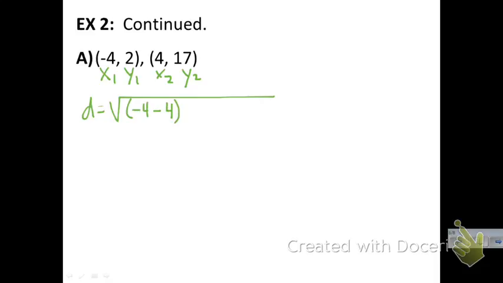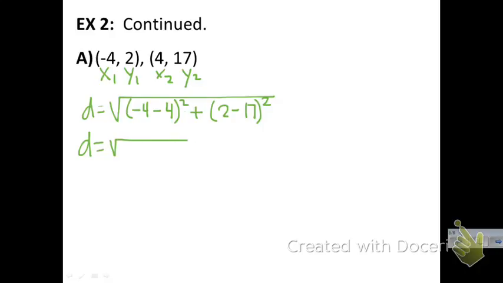Okay, same idea on example 2. I'm going to call the first one x1, the second one y1, the first one x2, the second one y2. So d equals the square root of x1, negative 4, minus x2, 4, squared, plus y1, 2, minus y2, 17 squared.